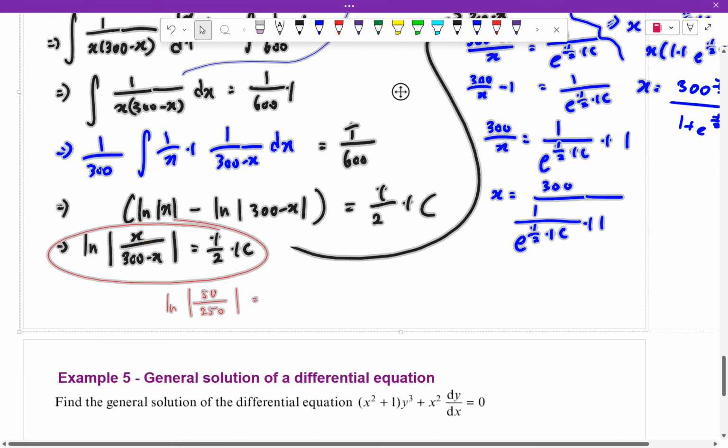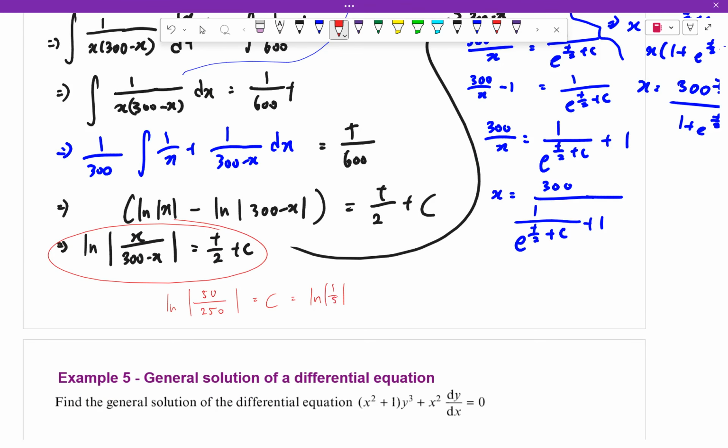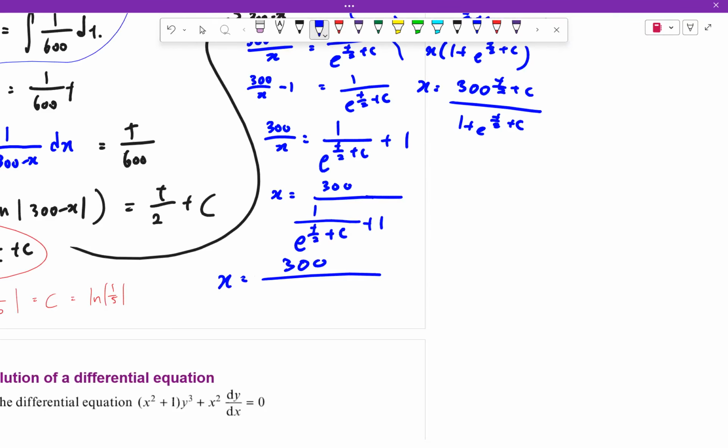So this equals c. Done. So in this case, it will be ln of 1/5. So the final solution will be x equals 300 over e to the power of ln of 1/5.